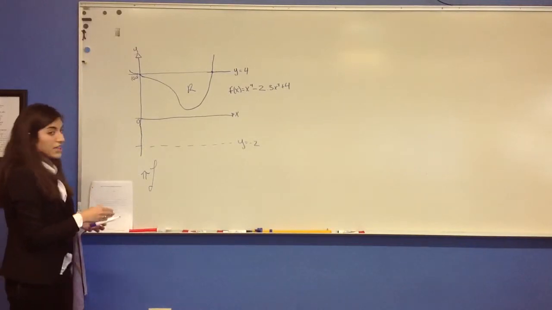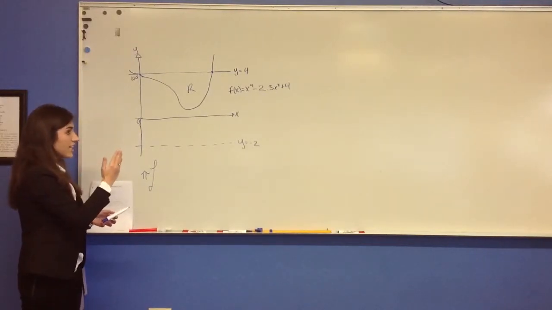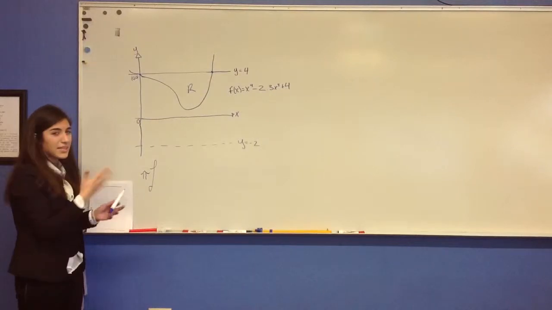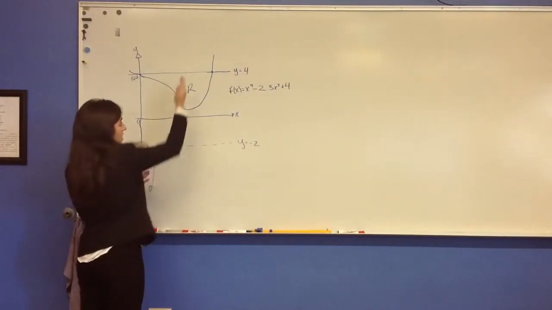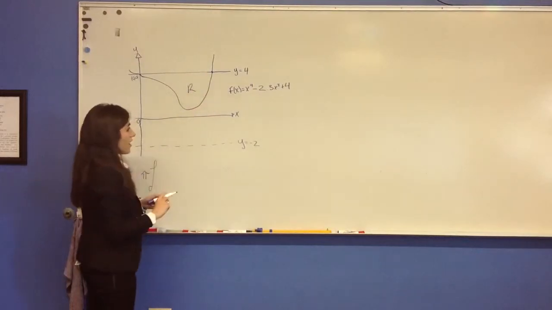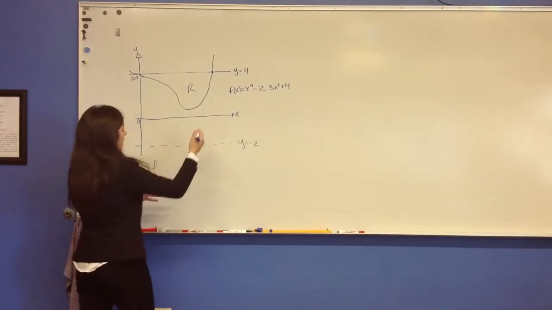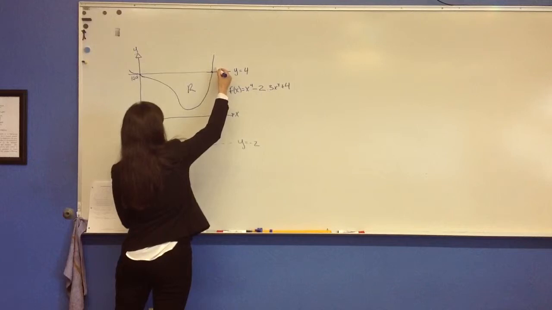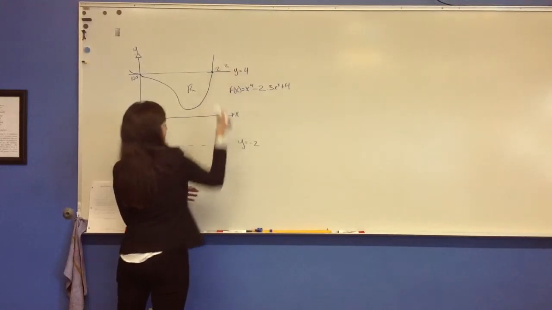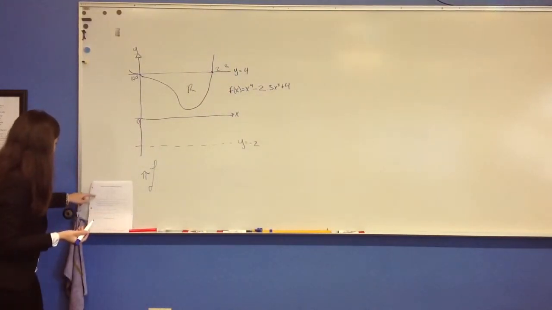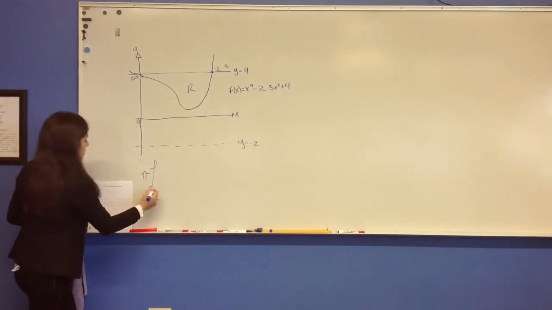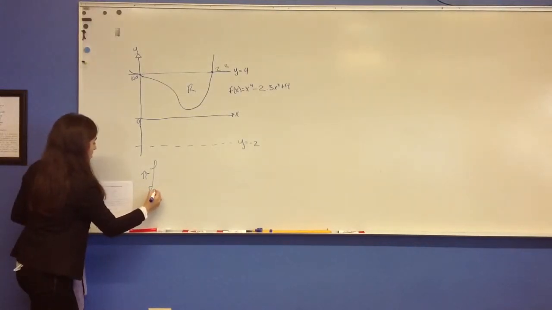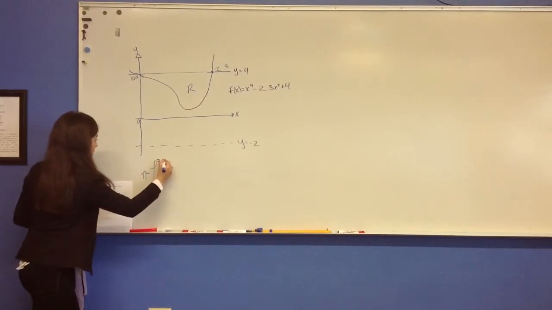When you do that, you can use the intersection function, which I think if you go to analyze graph and something like number 5, you can say find the intersection between this point and this point. So when you do that, you're going to find that this point right here is going to be 2.3 for the x value. So when we see that, we know what our interval is going to be in terms of x here. So we're going to go 0 to 2.3.